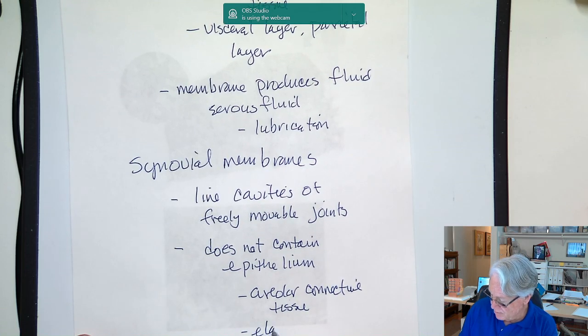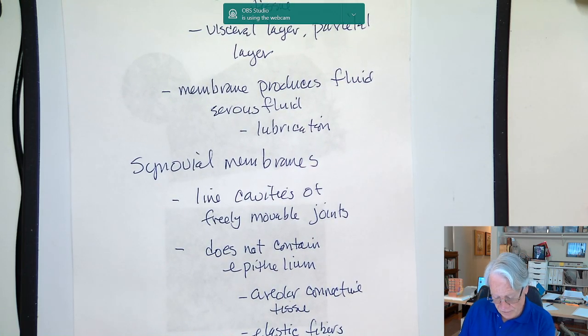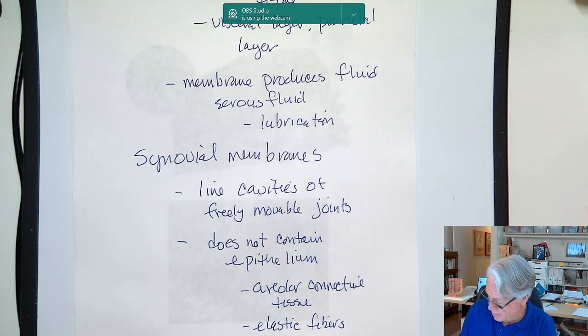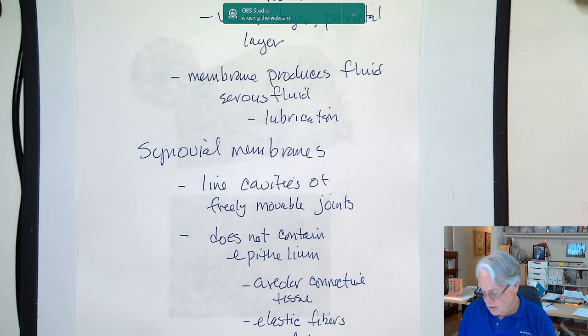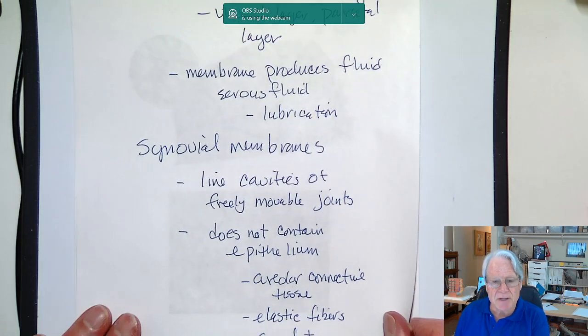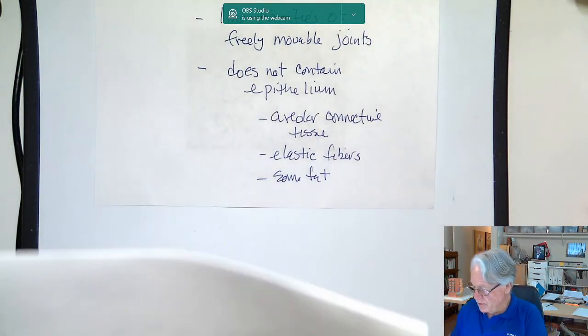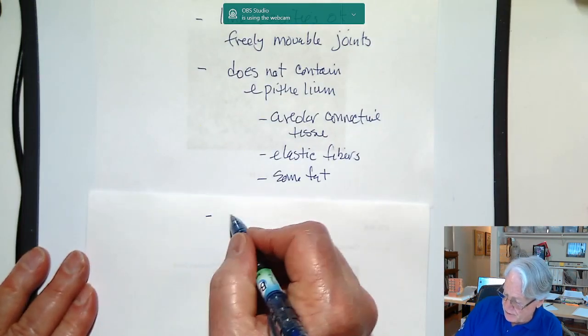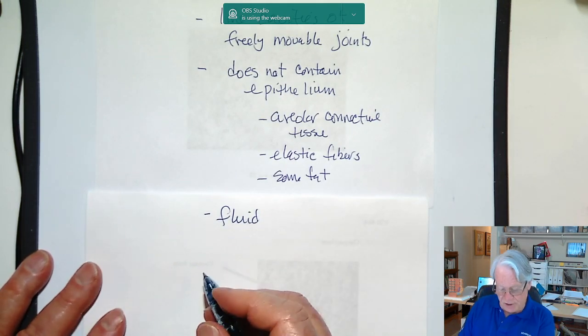Elastic fibers, and some fat. Okay. It also produces a fluid, and I bet you know the name of that fluid. That fluid is referred to as synovial fluid.